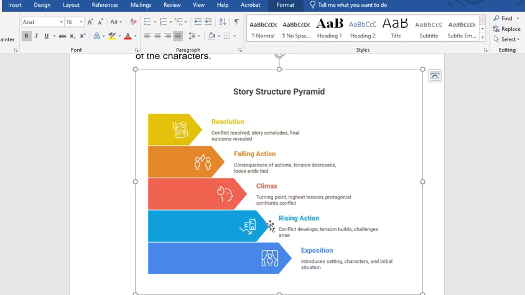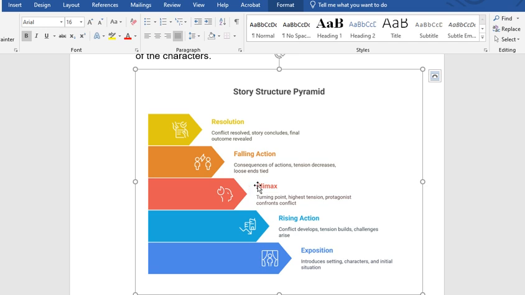Next stage is rising action, where conflict develops, tension builds, challenges arise. That is the clash of the protagonist and the antagonist. So the clash here reaches the climax. That is the next stage. That's why we have climax as the next stage. Turning point, highest tension. Protagonist confronts conflict.